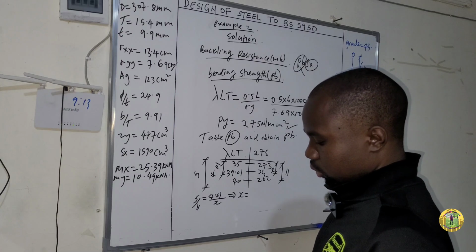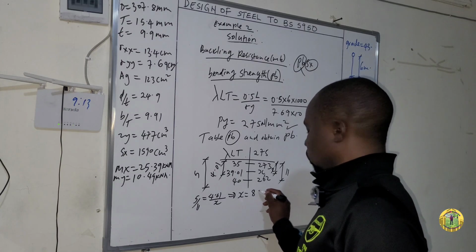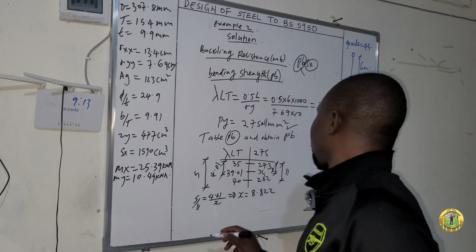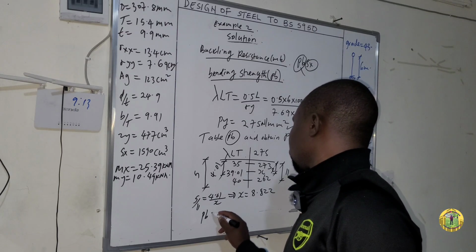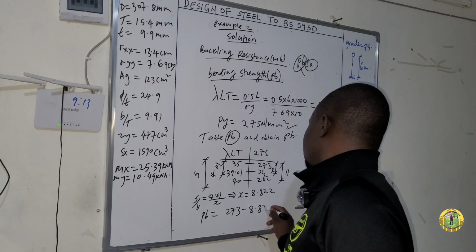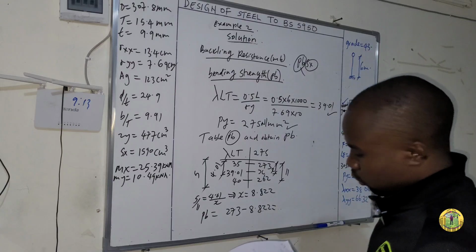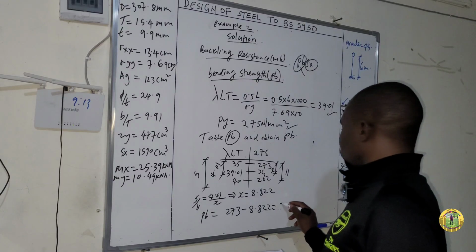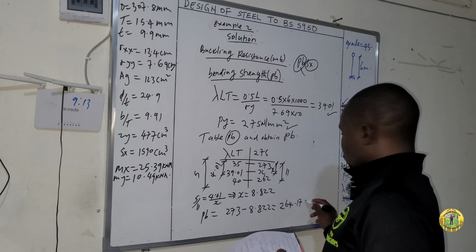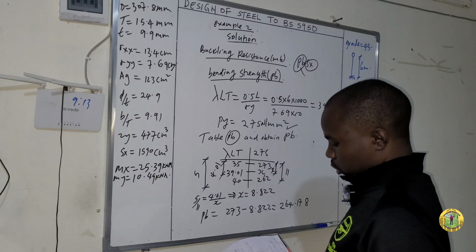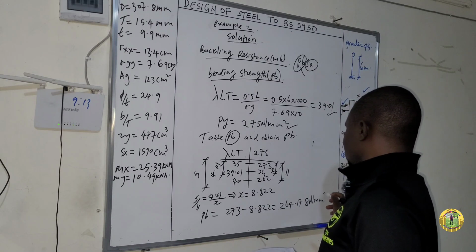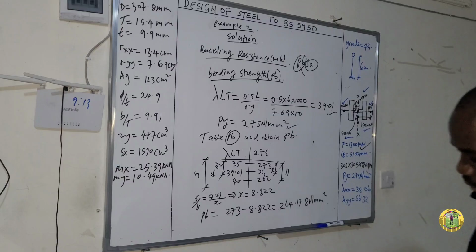So x is equal to 8.822. Therefore, PB is equal to 273 minus 8.822, which is equal to 264.178 Newton per millimeter square.